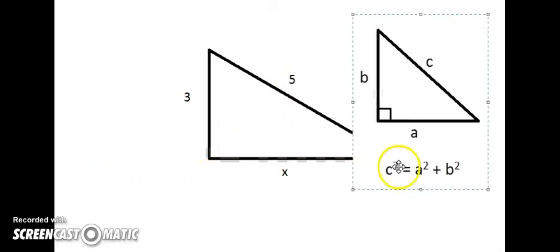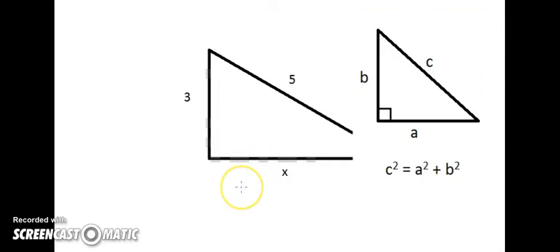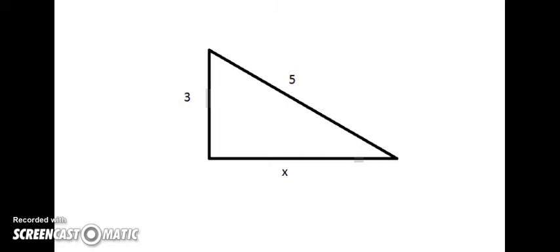So your C here would be 5, your A would be your x, and your 3 would be your B. And you could run that calculation and get 4. But it's a lot easier if you remember that this is a special, what's called a 3, 4, 5 triangle.